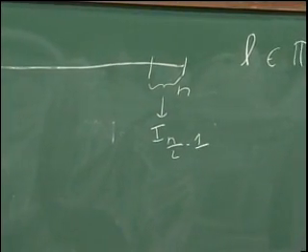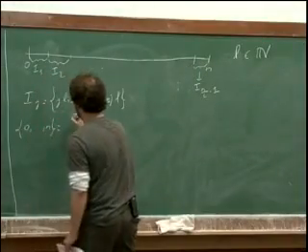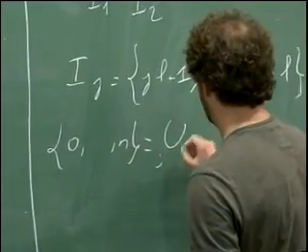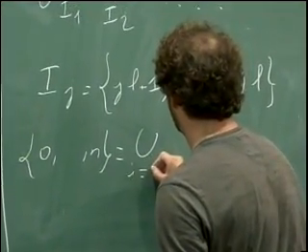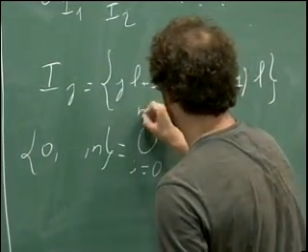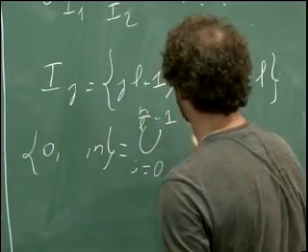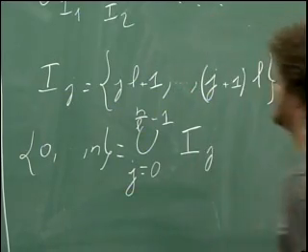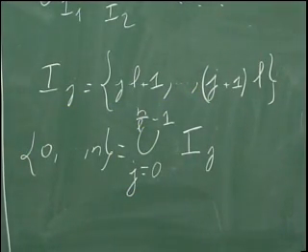So finally, 0 to n can be partitioned into the union over j equal 0 to n over L minus 1 of Ij.